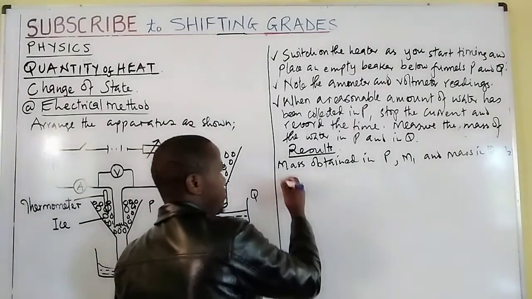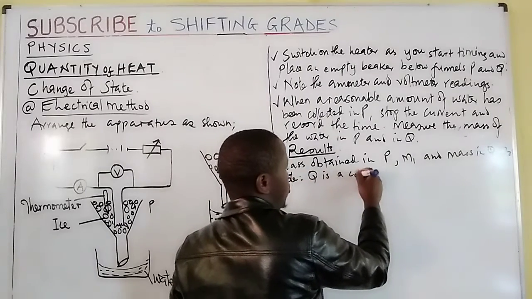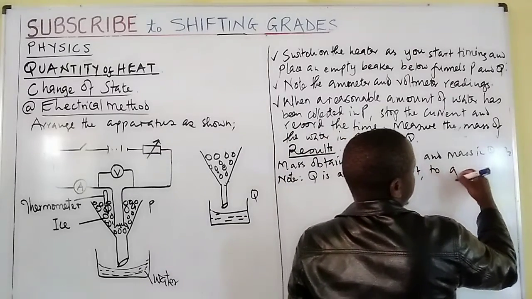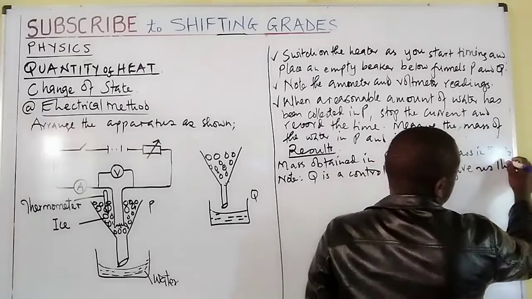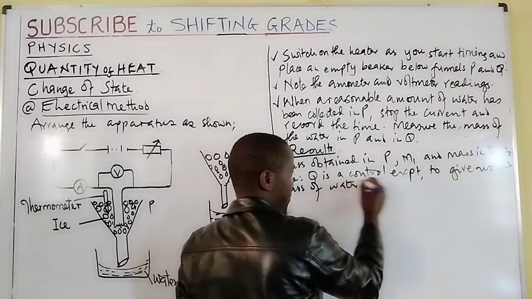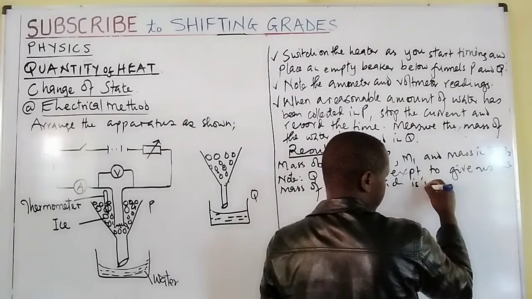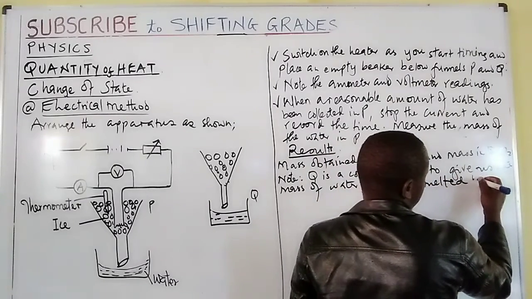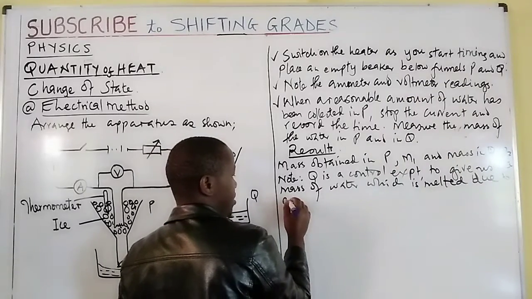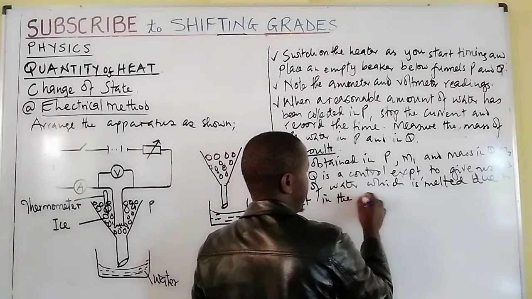So with M1 and M2, we can note this: Q is a control experiment to give us the mass of water which is melted due to the heat in the environment.